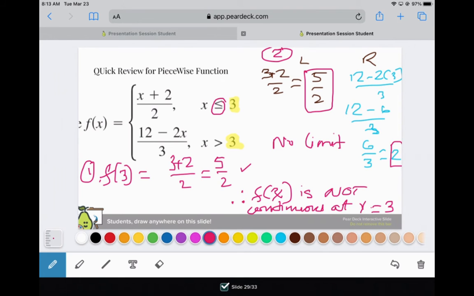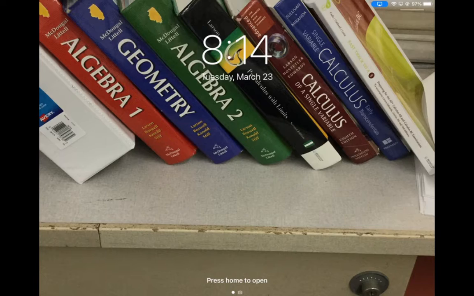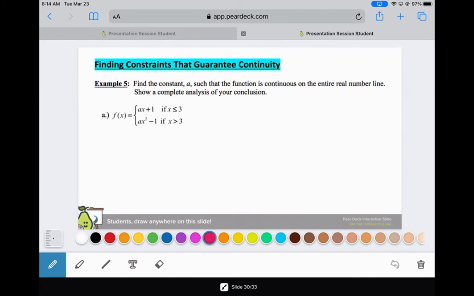So like I said, for this lesson today, we're going to find the values that make the function continuous. So we're going backwards. We need to figure out what values make it continuous, right? A couple of things. We know that the function is continuous if there are three criteria. Step 1: f of c is defined.